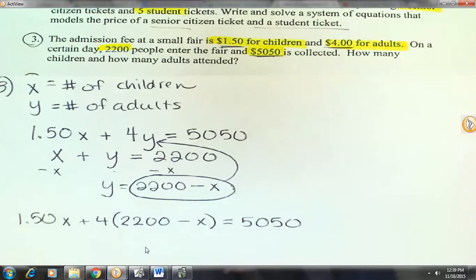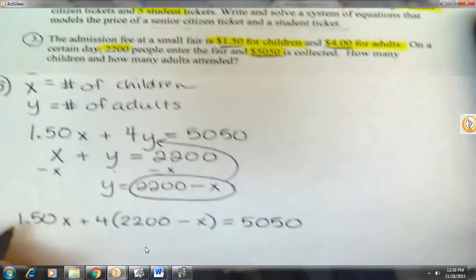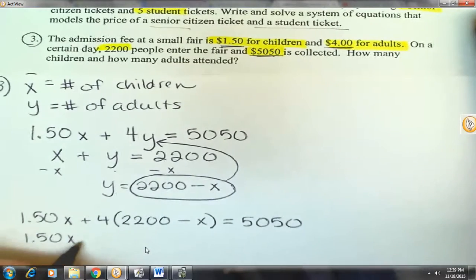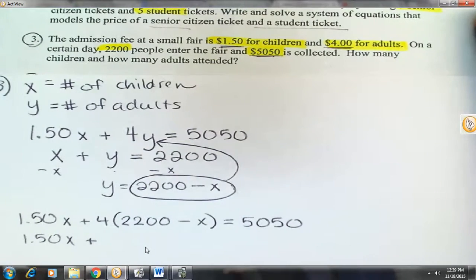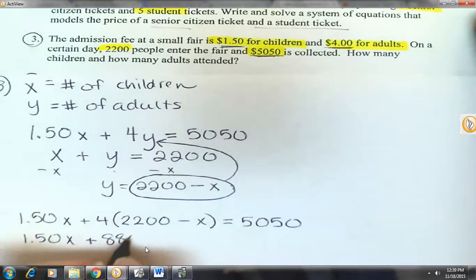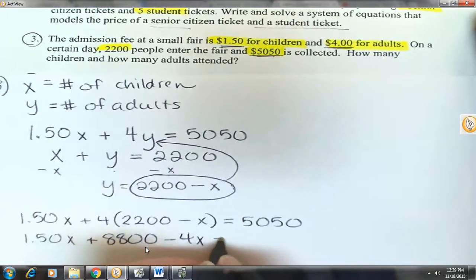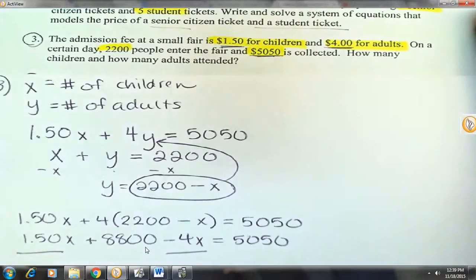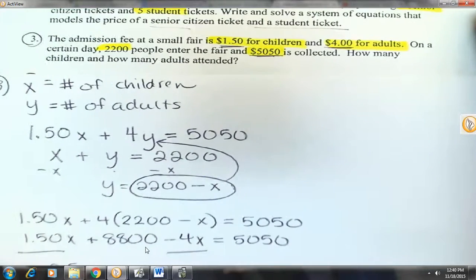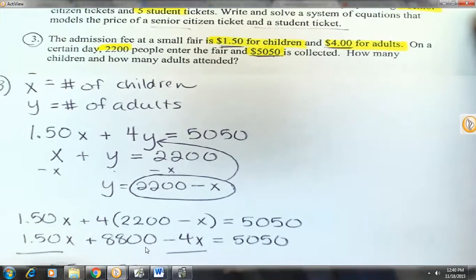Okay, so let's go ahead and solve this new equation. Start by taking 4 times 2200, it's 8800, minus 4x equals 5050. So 1.50 minus 4 is negative 2.5x plus 8800 equals 5050.